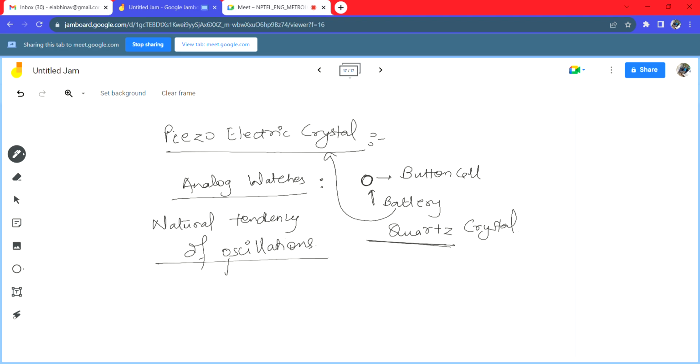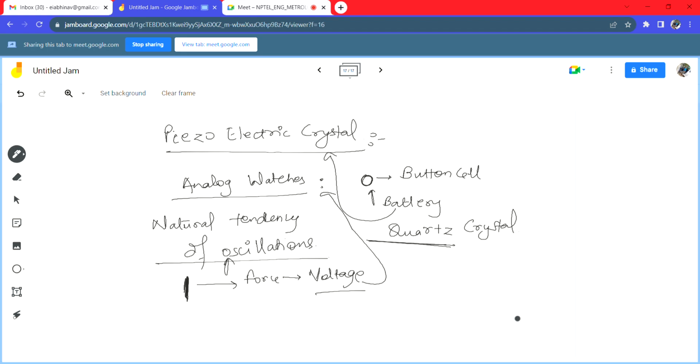Now the natural tendency of oscillation means you don't need to give an external supply to generate oscillations. There are quartz particles that keep on oscillating up and down, up and down, and because of these oscillations it generates a force, and that force is eventually converted into a voltage, and that very small voltage is used to run your analog watches.